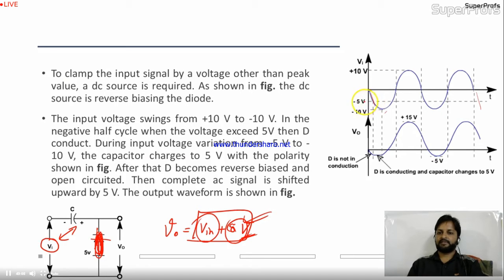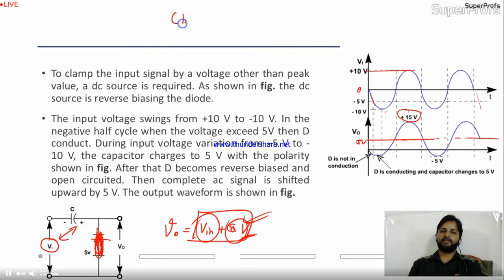This is suppose -5. -5 will become over here, and so on for each and every part. See, this 10 will reach 15. This is the 0. The 0 line will come over here at 5. At 5 it will shift. Okay, this is the 0 value shifted over here. We are not changing the waveform over here.